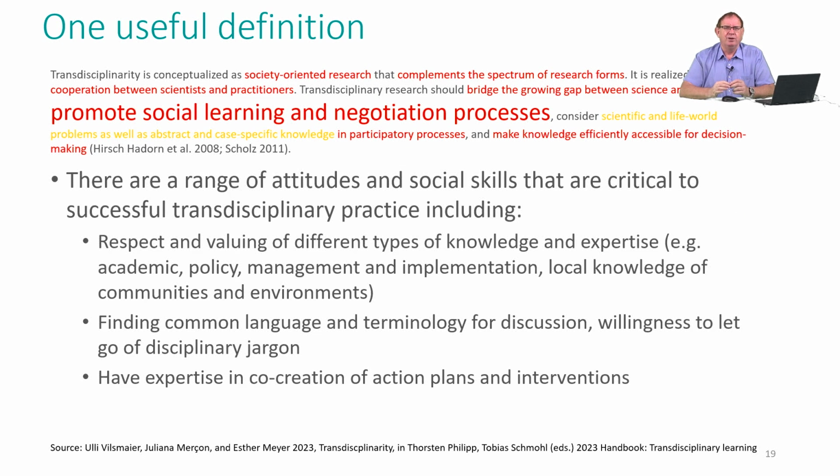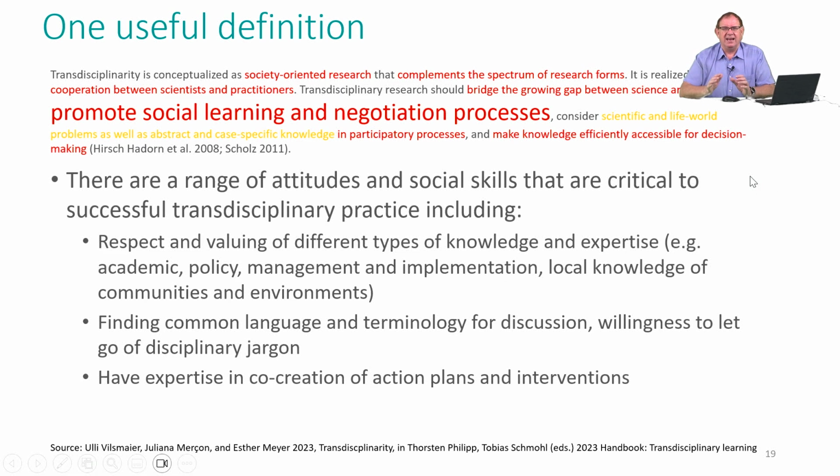These include respect and valuing of different types of knowledge and expertise, for example, academic knowledge, policy knowledge, management and implementation knowledge, local knowledge of communities' environments, and many other types of knowledge. There's a need to find common language and terminology to discuss with people, and we need a willingness to let go of the jargon and the terminology of our particular disciplines.